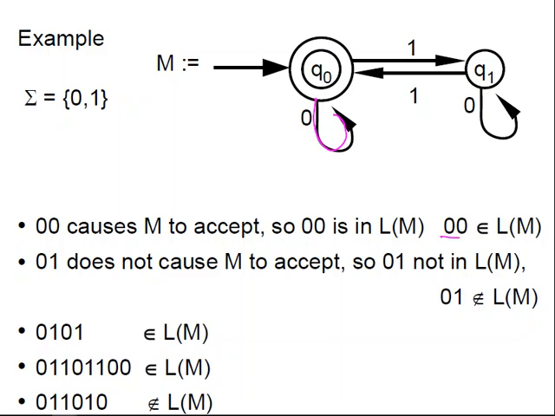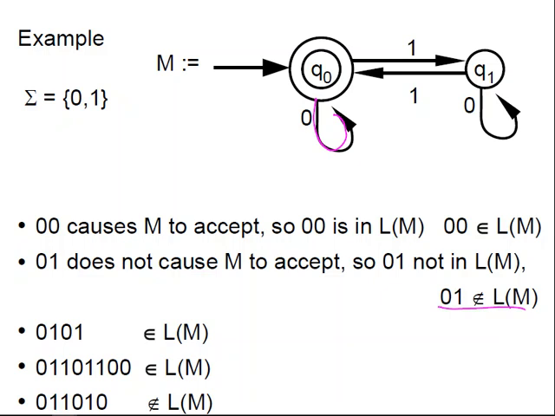So 0, 0 is an element of L of M. On the other hand, 0, 1 does not cause M to accept, so 0, 1 is not an element of L of M.